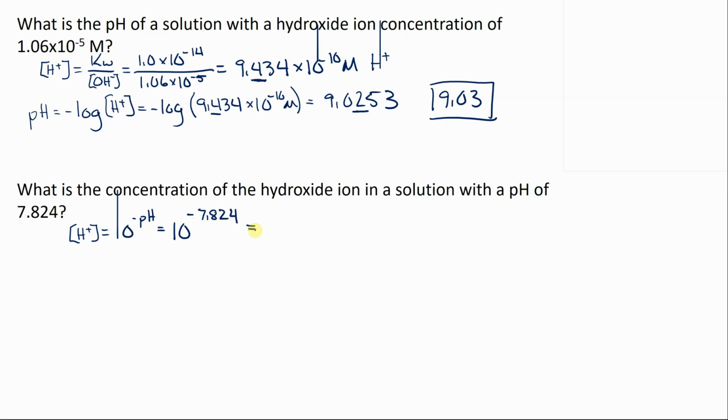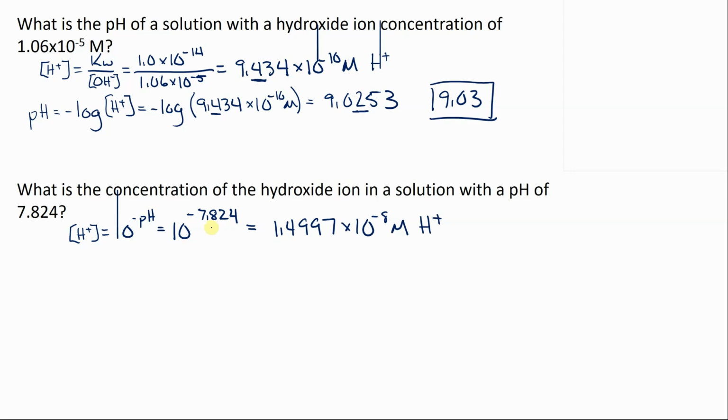And when I punch this in my calculator, I got 1.4997 times 10 to the negative 8 molar H+. Now, in the pH, there were 3 digits after the decimal point, so my concentration should have 3 significant figures. And again, I'm keeping a couple extra digits, but it's even better if you just leave it in your calculator memory.